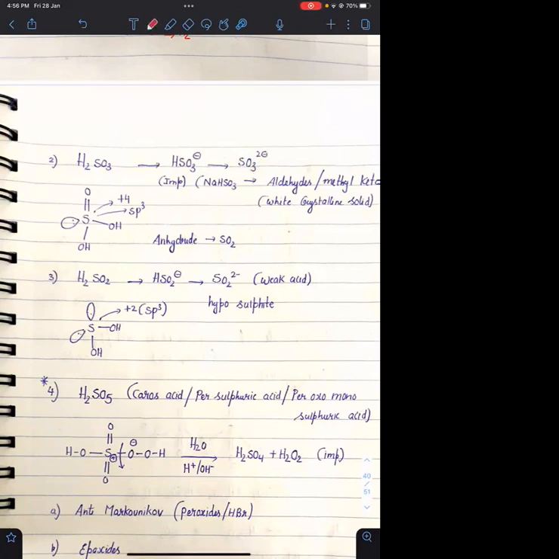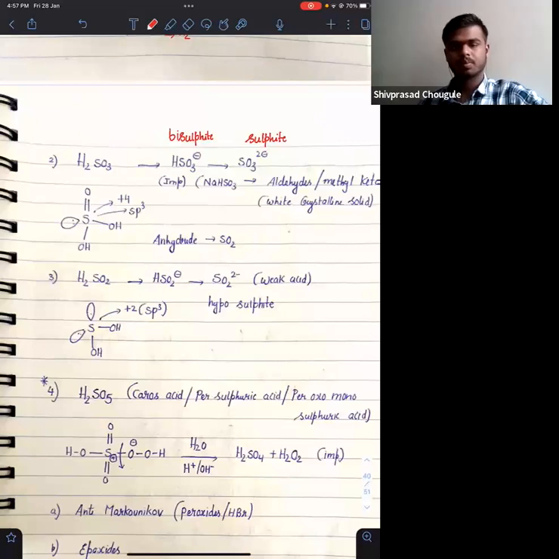Sulfite. This is bisulfite. HSO3 minus मतलब bisulfite. This is going to be sulfite. H2SO3 is sulfurous acid. Okay.